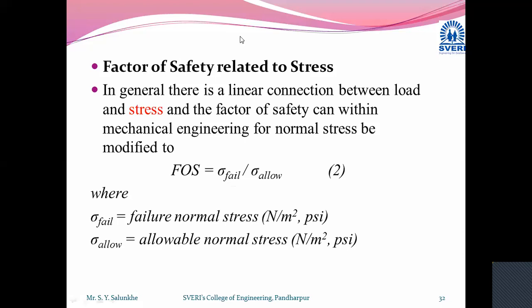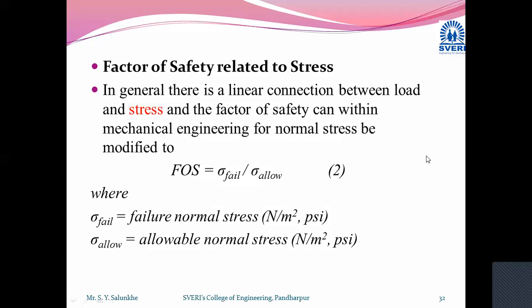And also we have seen the concept of stress already, which you have learned in different courses, like in 12th or in first year and in second year also.